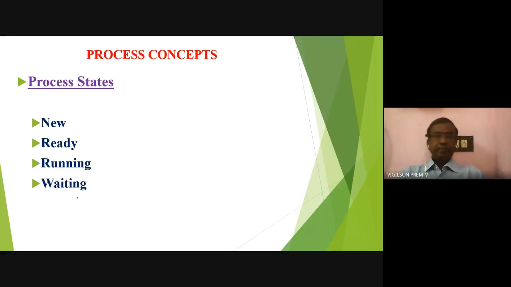Then the waiting state. One small example I want to tell. Suppose your process is in execution. At that time, the process requires 100 data to be printed. At the time of printing 100 data, the CPU will not be in action, because the CPU has processed and produced 100 data as output.